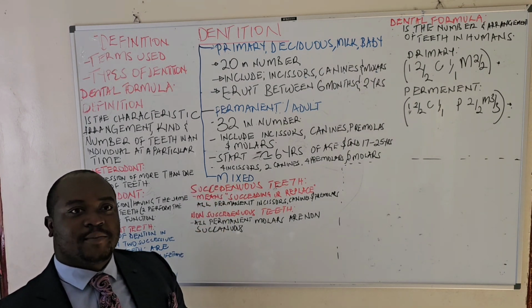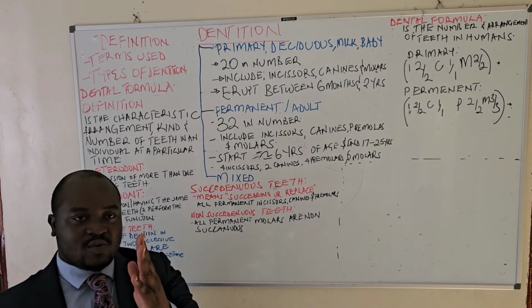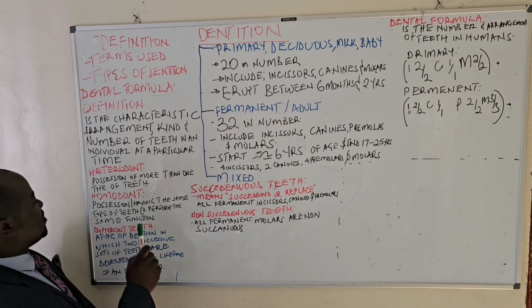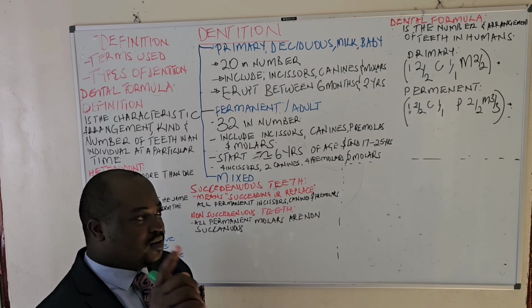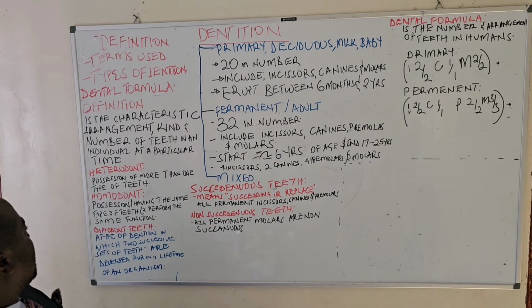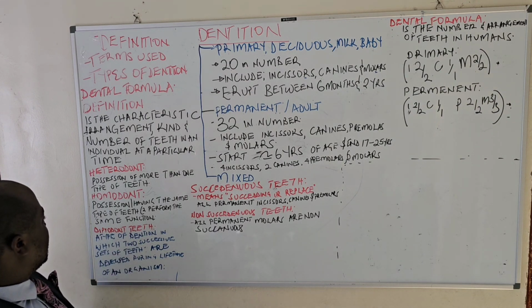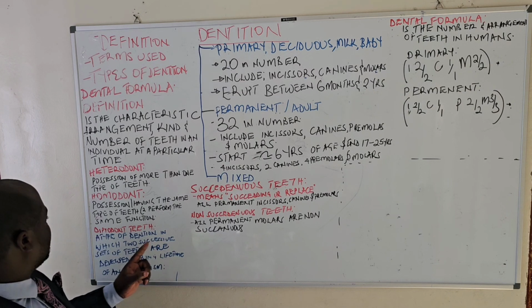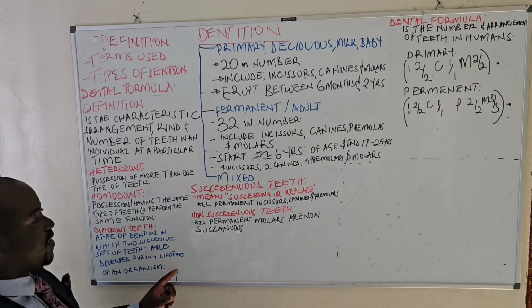But you could have some animals that have only one type of teeth. Maybe they only have canines. That is what we call homodont. They possess the same type of teeth and they perform one function. We have what we call diphyodont. This is a type of dentition in which two successive sets of teeth are developed during the lifetime of an organism.